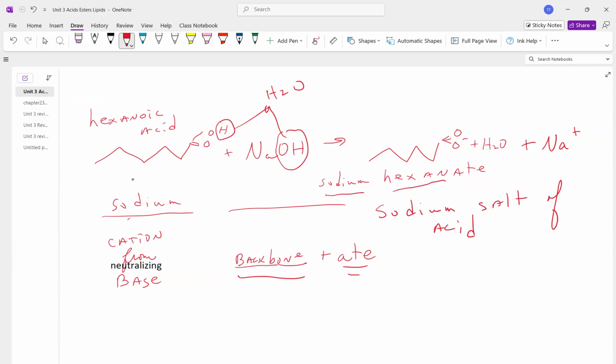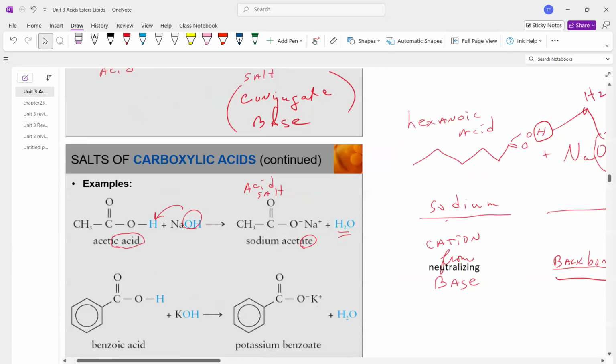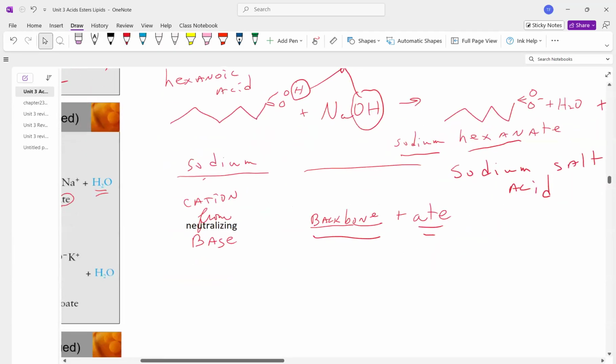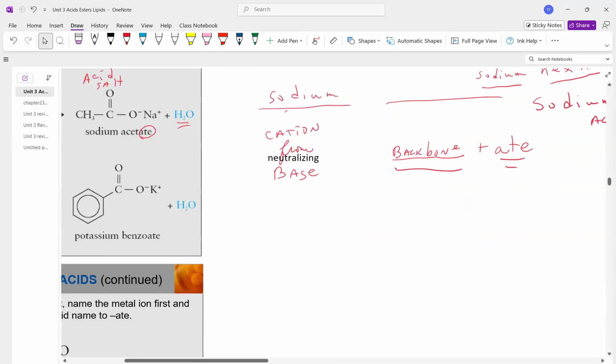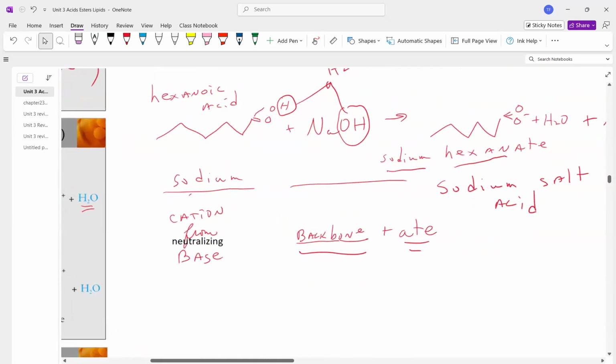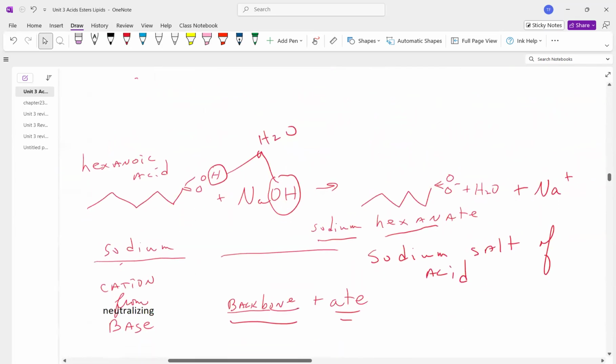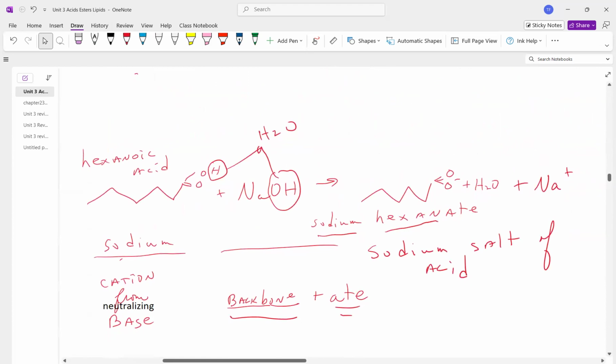sodium hexanate. Now, we're going to be talking about esters in a little while, and they're going to be OATE. So there's ATE and OATE. For now, it's just going to be ATE.